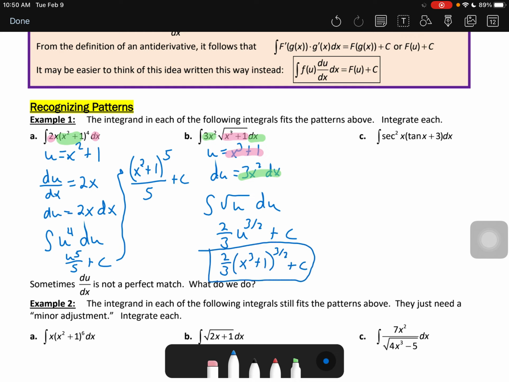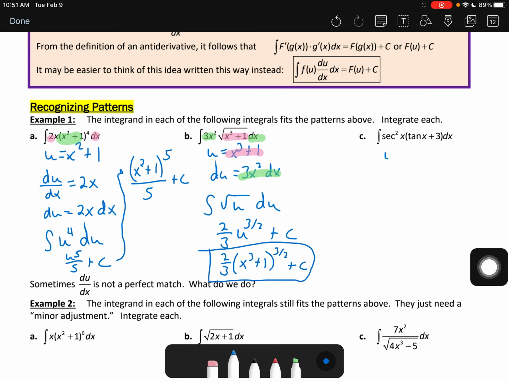Okay, so let's take one more of these. Now this one obviously has some trig stuff in it, but again, what you're thinking is I want to let u equal the piece that when I take its derivative, it'll equal the other piece that's in there. And usually there's a product of some kind in there. So I see here I've got tangent x plus 3. If I take the derivative of tangent, I know that's secant squared.